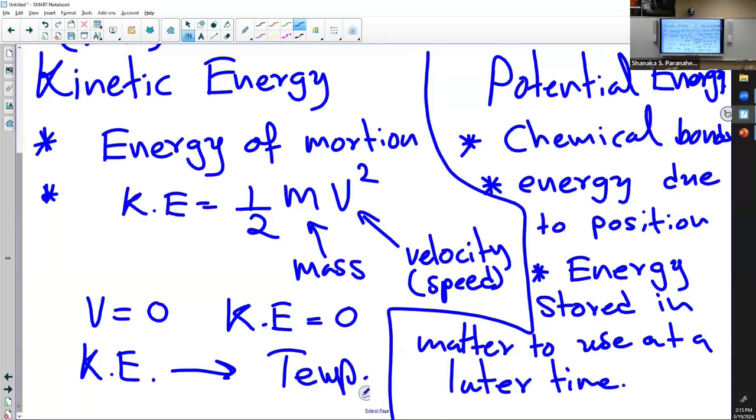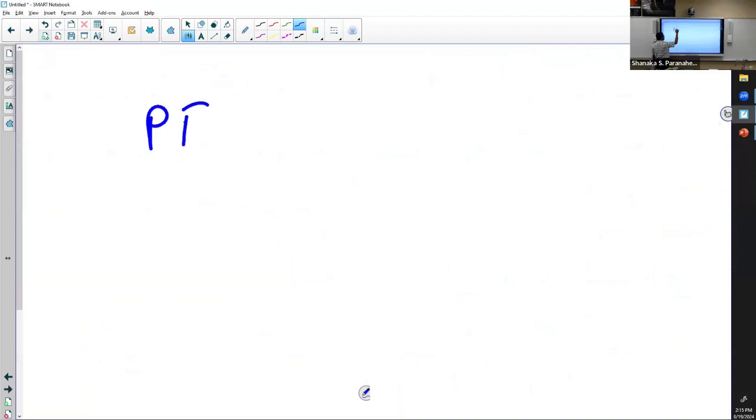As an example, I have two pens. These are identical. When these two pens are at the same height, both of these pens have the same potential energy. If the height is different, these two have different potential energy due to its position, because there's a force toward the earth, and that force is called gravity. So there's a form of potential energy due to gravity, and we can calculate that using this equation.